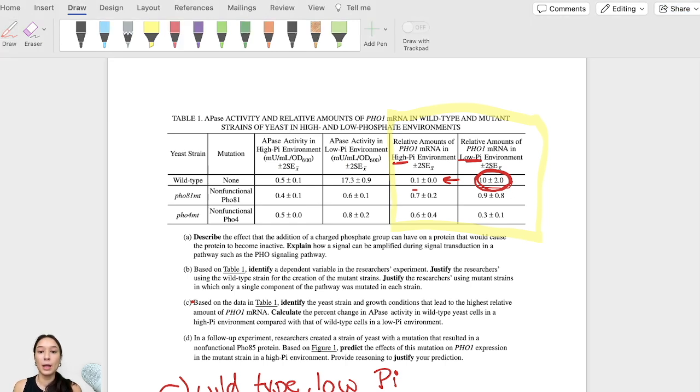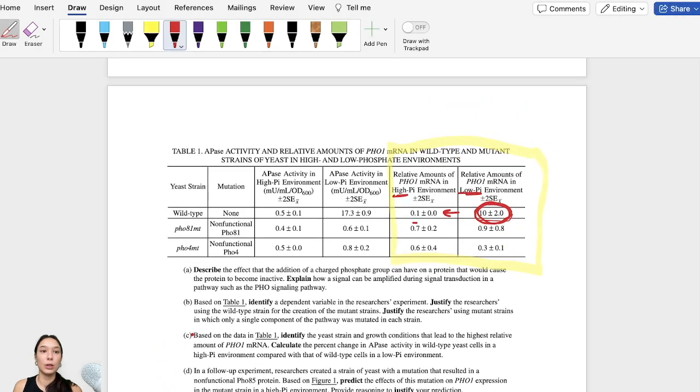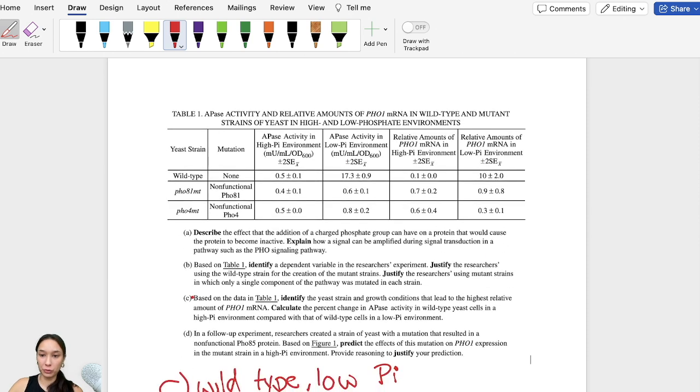Okay. The next part of the question says, calculate the percent change in APase activity in wild type yeast cells in a high PI environment compared to that of wild type cells in a low PI environment. Okay, so let me erase this. Now we're looking at APase activity. They're asking you for percent change, and there is an equation for this that you should know going into your exam.